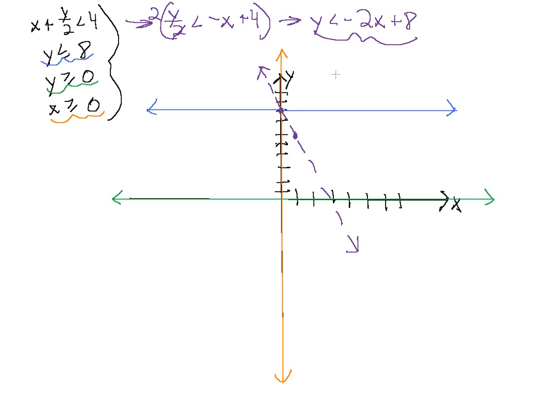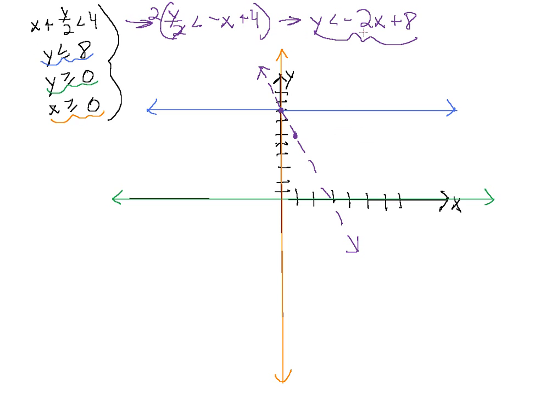So now we can narrow it down to a region. So we want all the values that are to the right of this orange line, because we have a greater than or equal to sign. We want all the values underneath this blue line, because we have a less than or equal to sign, and we want all the values that are above this green line. So we're looking for this section right here in quadrant 1 between the blue and the green line.